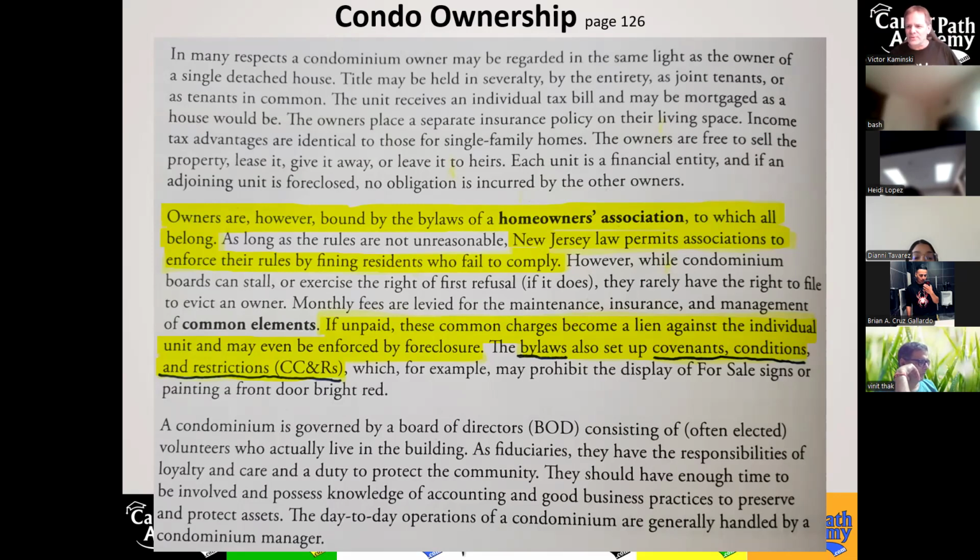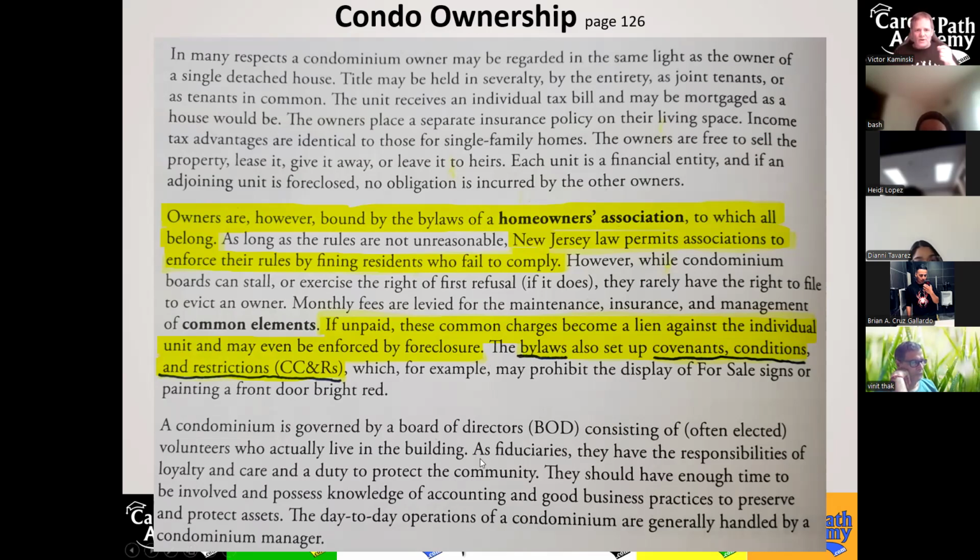They could be next door to each other. But one may have a deeded parking spot and a deeded storage unit in a basement or some other location in the complex. So those things add value to that unit. So when we're getting listings at condos, you should ask those owners if there is something different about your unit that makes yours more valuable than the others.